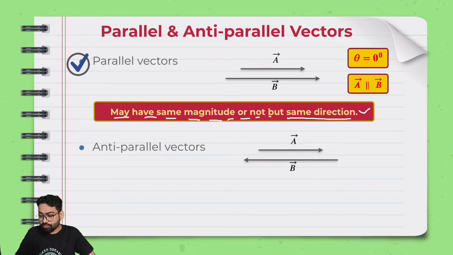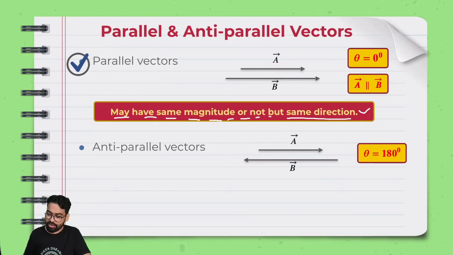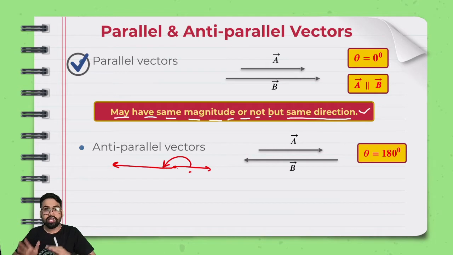So what do we say? In this case, first of all, the angle turns out to be 180 degrees because they are just opposite. If I have to keep these two vectors, I'd probably keep it like this, a and then b, and see that this angle is 180 degrees. Theta of 180 and theta of 0 are actually allowed. So this is the 180 degree case, and parallel is the 0 degree case.